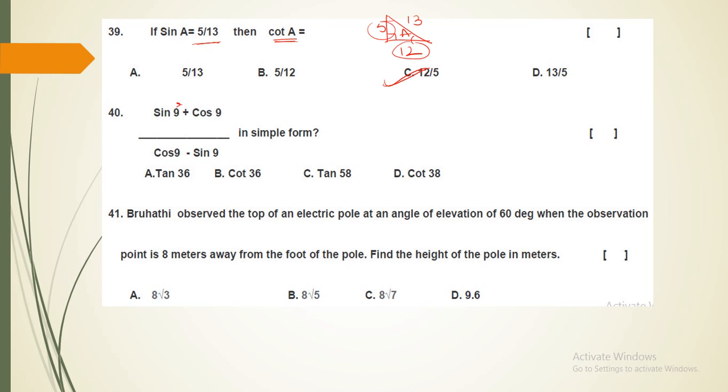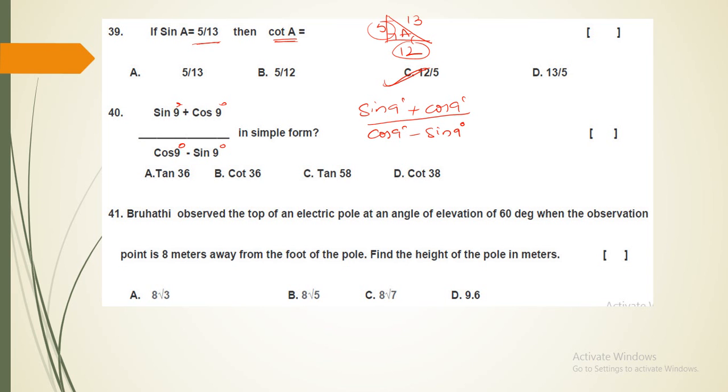Next, sin 9 degrees plus cos 9 degrees by cos 9 degrees minus sin 9 degrees. So what is its value? How to find the value of this? What is the value of sin theta plus cos theta by cos theta minus sin theta?